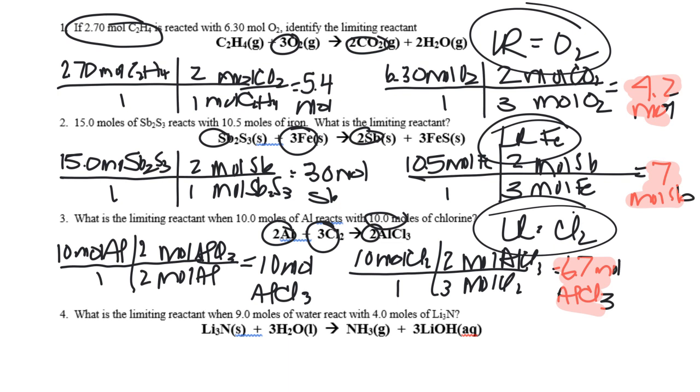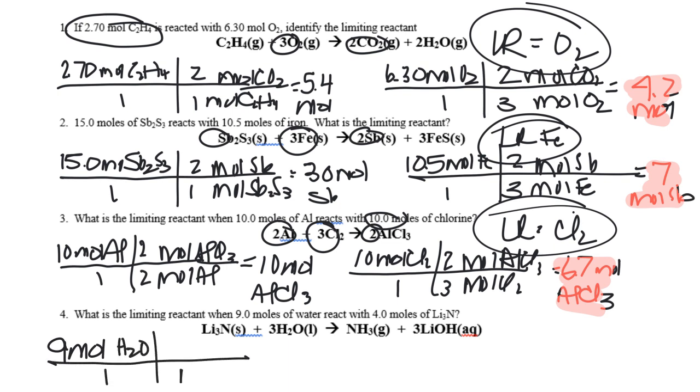The last example, we have lithium nitride reacting with water. We want to know what the limiting reactant is. Again, we can choose any product. I chose to go to the NH3. So let's start with water. We have 9 moles of water.